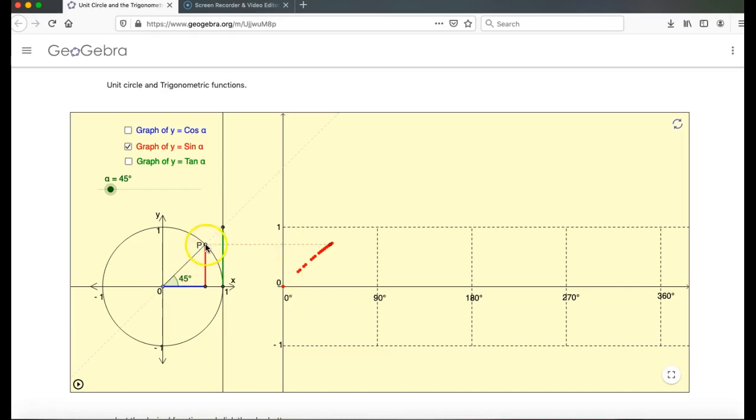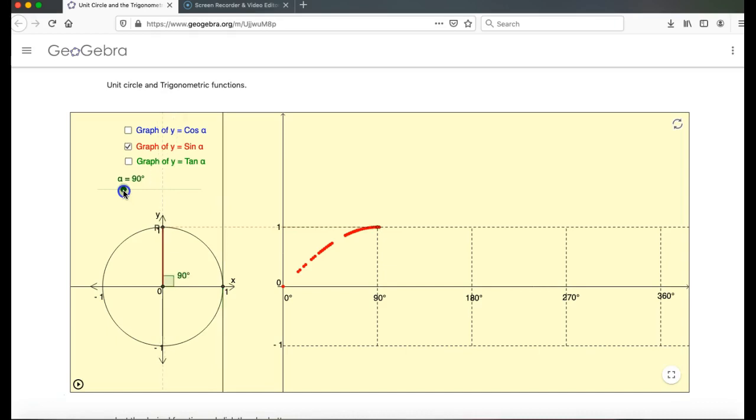So 45 degrees, I'd read off the y value of that, which would be the sine value, and I'd plot it on my graph. Then I could pick another value, say I picked 60 degrees. Or about 60 degrees. So that's going to be about there. Again, it corresponds to a certain y value, corresponds to that point on the graph here. I'm going to keep on going. As I keep on going around the unit circle, I keep on getting different y values for each different angle.